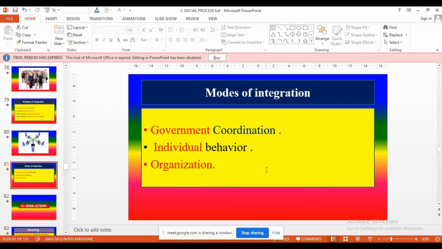So every department should coordinate, as well as coordinate with other sections, including allied health. This is organizational integration, which means integration in a particular institution or organization.